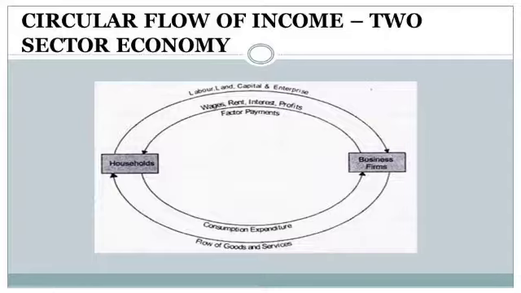Out of this income, the households would spend a part or most of it on consumption expenditure by buying the goods and services produced by the business firms, and so the business firms would complete this circle by providing the flow of goods and services to the households. This was a very, very initial or old model of circular flow of income.